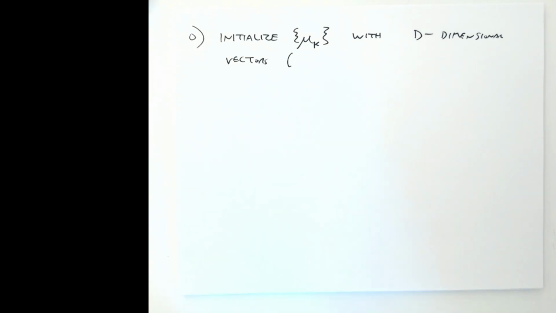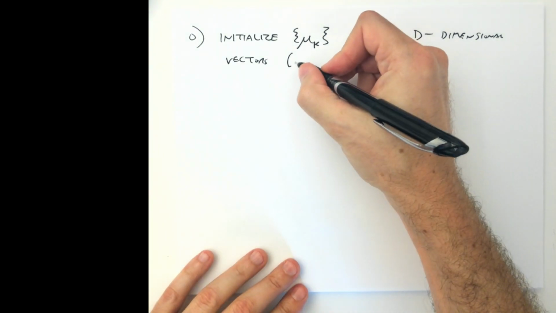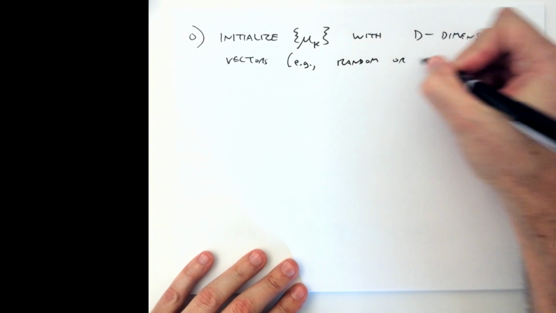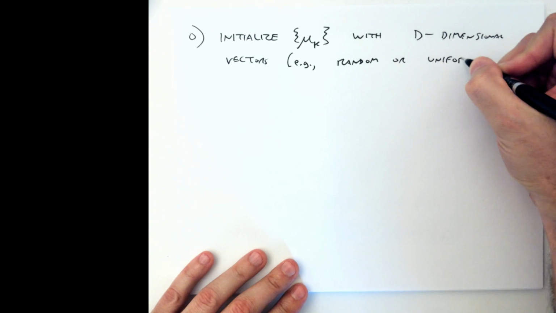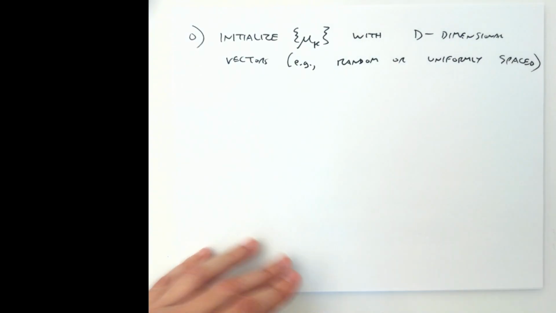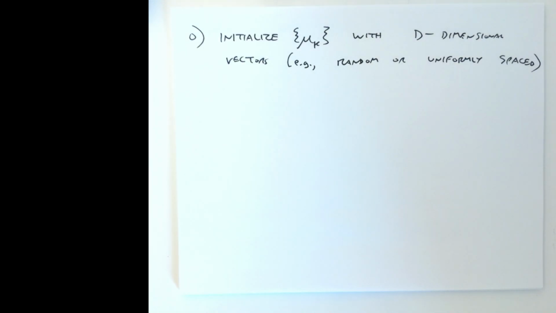I could just choose random vectors, or be a little smarter and attempt to spread these vectors out uniformly in d-dimensional space. So now I have some initial mu k's.